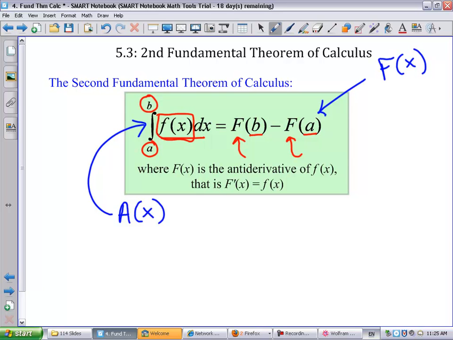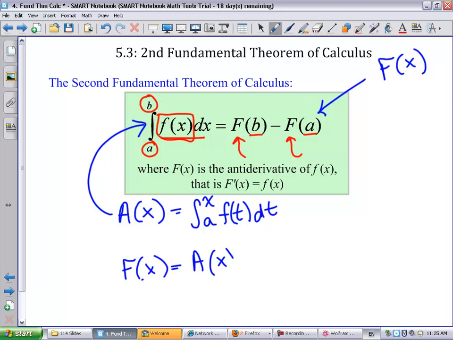So how do capital A of x and F of x compare? Capital A of x is the integral from a to x of f. We talked about this before. If you have two antiderivatives, the only difference between them is a constant. So it has to be true that capital F of x equals capital A of x plus some constant.